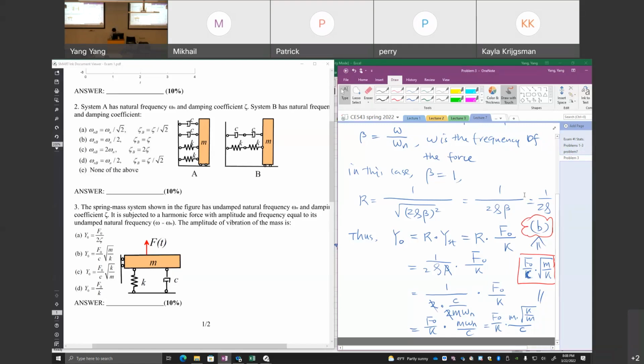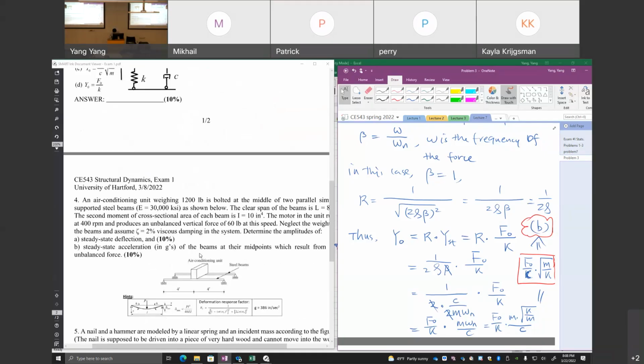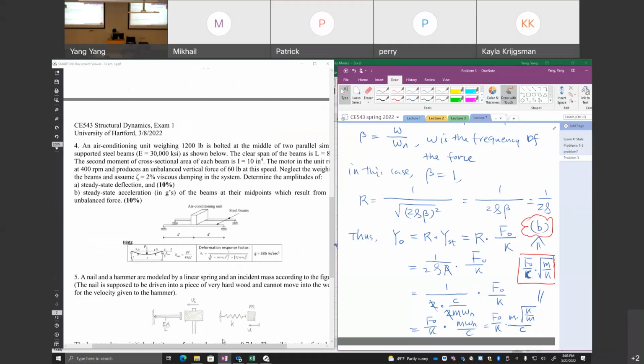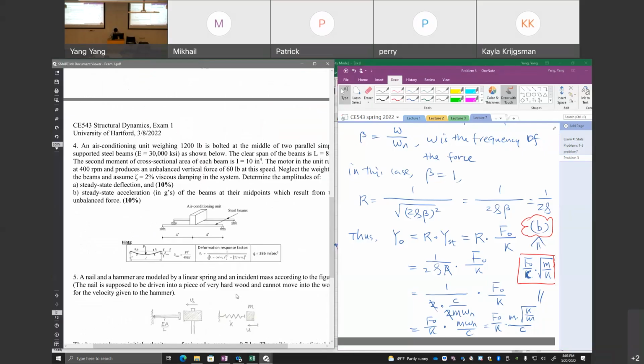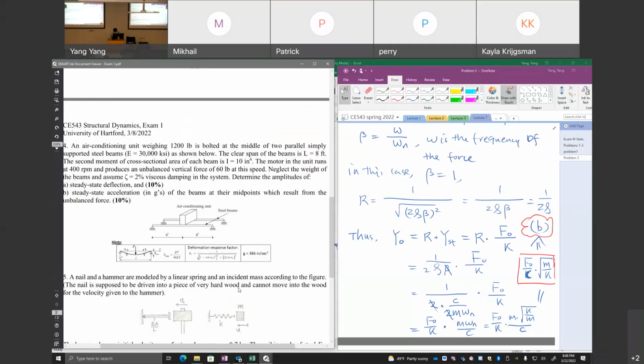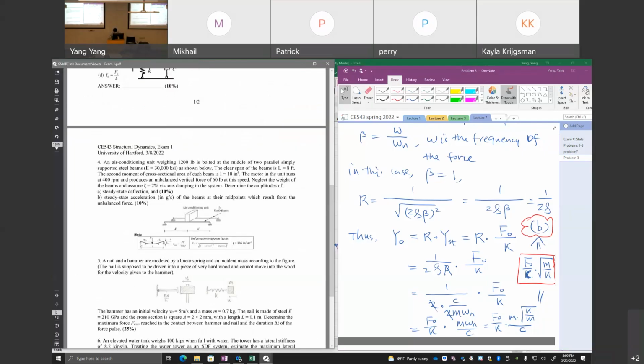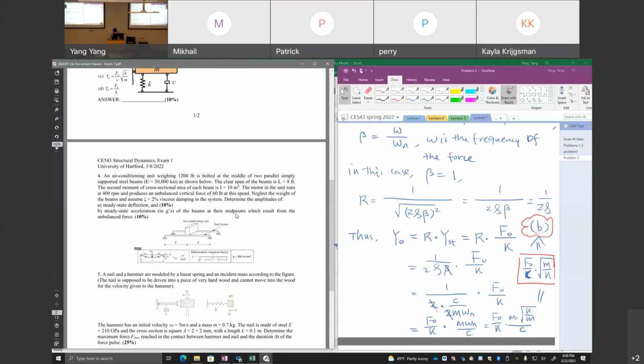Okay. So if there are no questions, let's talk about the fourth one. Number 4 is modified based on your homework problem, the air conditioner.